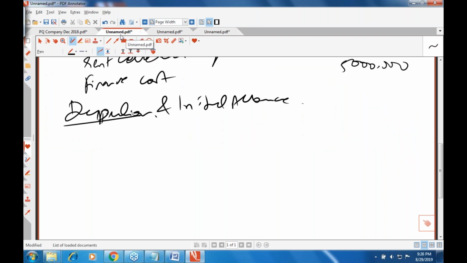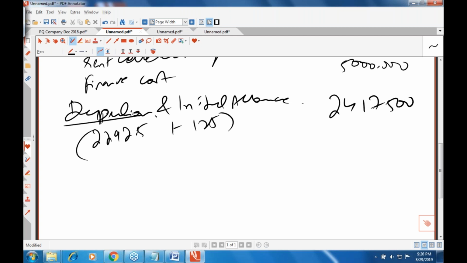So depreciation and initial allowance: 2292.5 plus 125 gives you 2417,500. So this is actually going to be 2417,500.